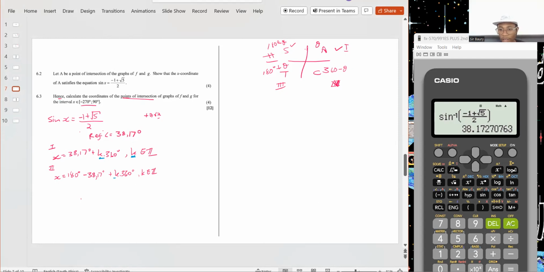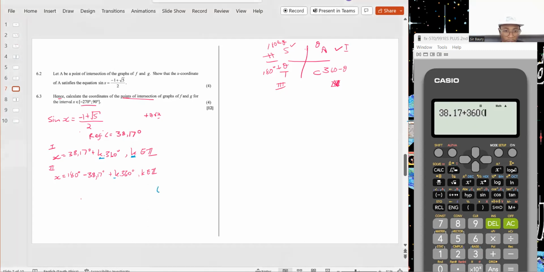Going to my calculator, I have 38.17 plus 360. Let us look at the interval. It's very important to remember the interval.